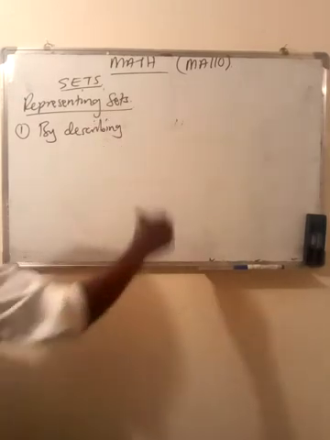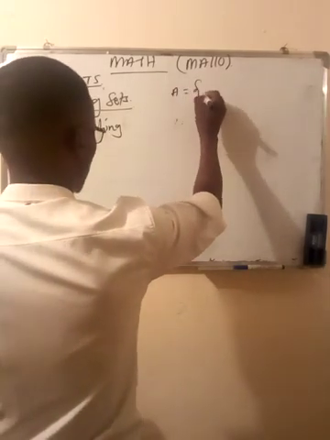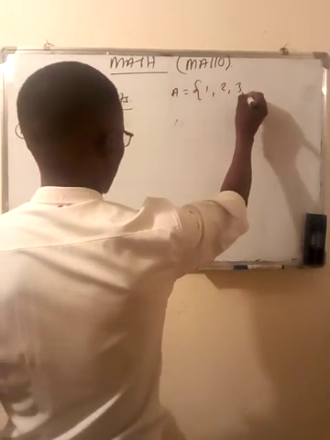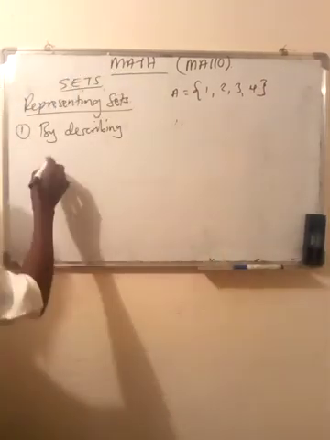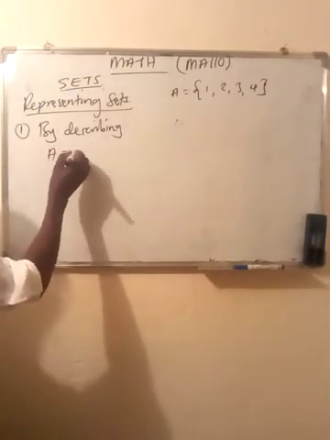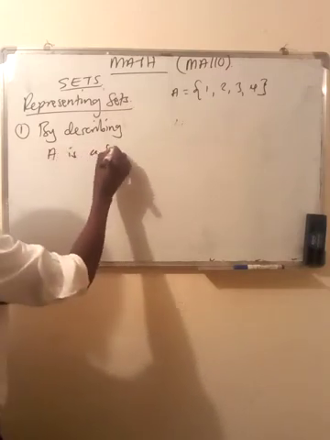In this case we can say that A is a set of numbers, a set of natural numbers.